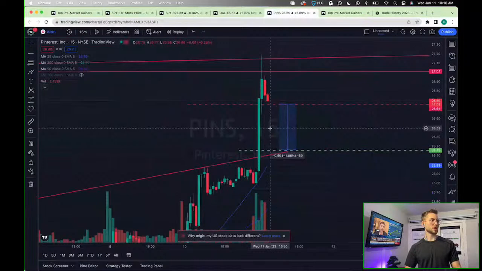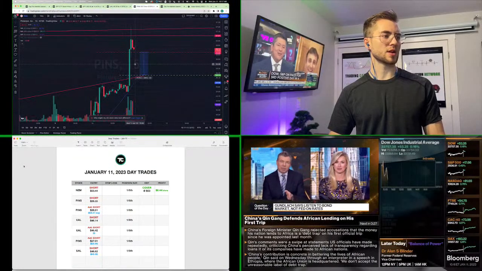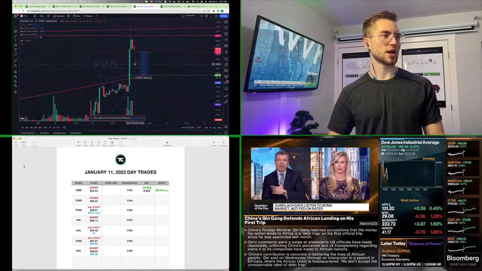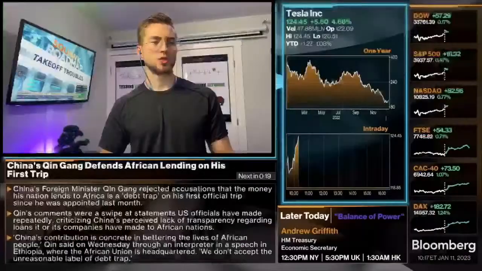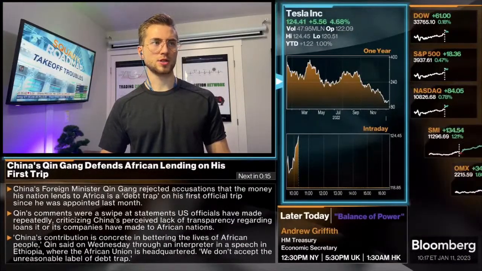Tesla still remaining near the highs of the day. Caterpillar's coming in nicely. You could potentially short Tesla here, but again, remember Tesla's been beaten down. There is resistance up in this area, but it's looking like Tesla wants to continue to push higher. Apple's remaining near the highs of the day. UNG is still under pressure.